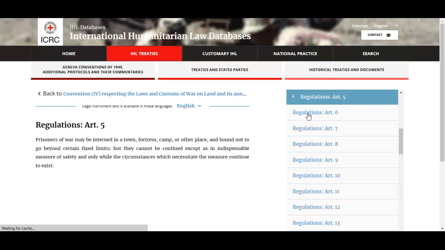Article 5. Prisoners of war may be interned in a town, fortress, camp, or other place, and are bound not to go beyond certain fixed limits, but they cannot be placed in confinement except as an indispensable measure of safety, and only while the circumstances which necessitate the measure continue to exist.